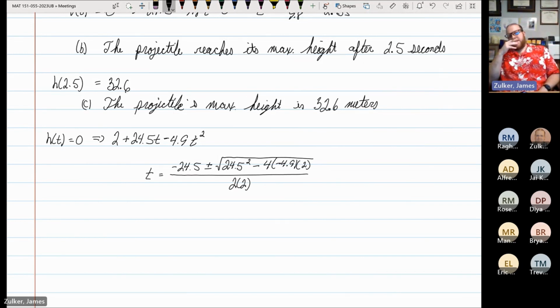All right, negative b plus or minus the square root of b squared minus 4ac all over 2a. I don't know why I put 2 there. That should be 2 times negative 4.9.